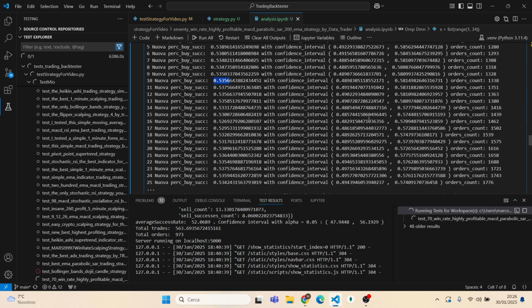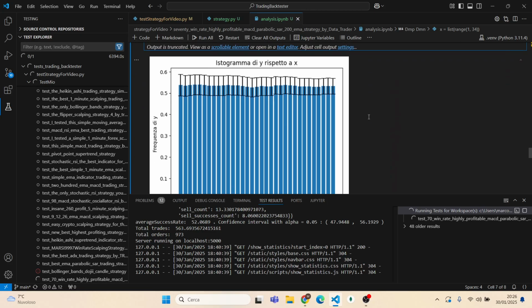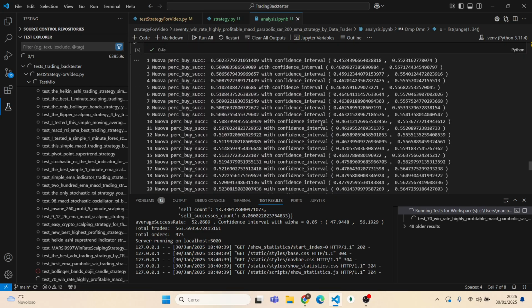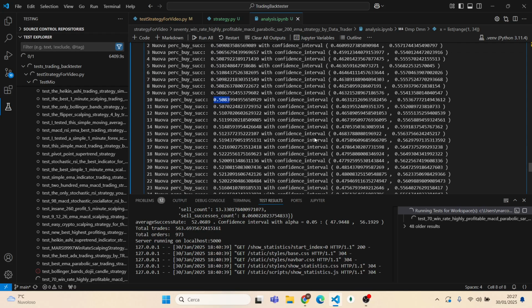We made a 0.5% improvement without losing so many trades. And for sell, it was almost the same thing. Before it was 50%, now it's like 50.8, and also here you would have improved the strategy without losing too many trades.